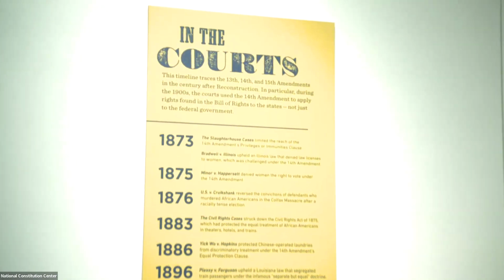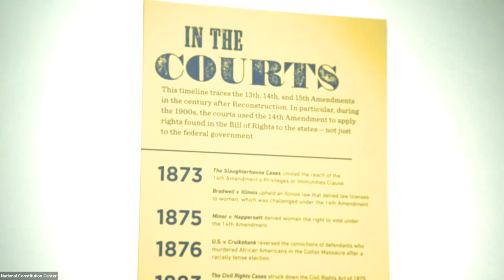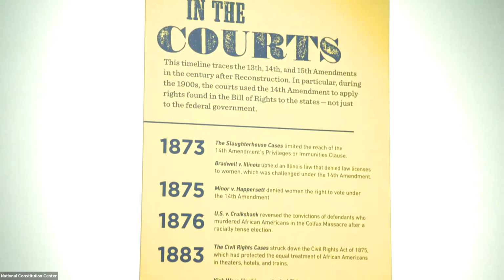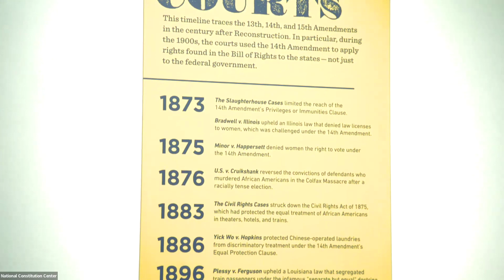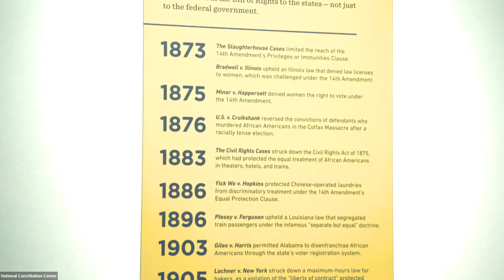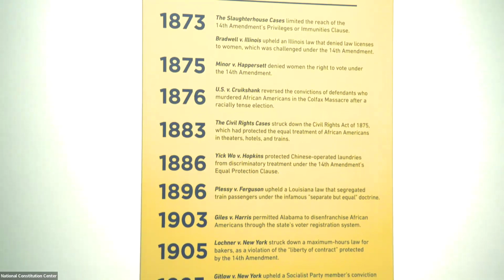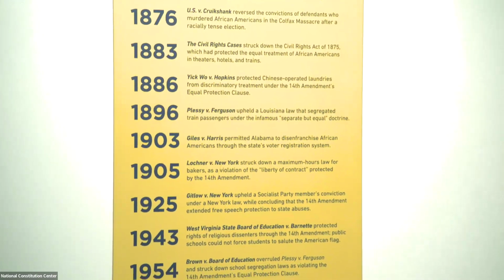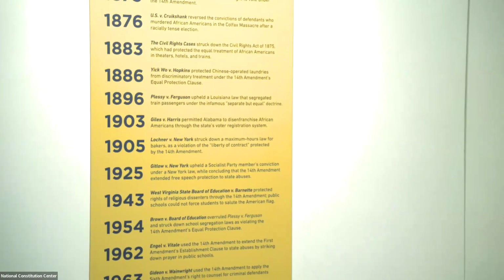Or being able to integrate certain public spaces. Or if it comes to wanting to marry who you'd like to marry, or education and things like that. So even though, like I said, this period is sort of very dark for the United States, you still have brave people that are using the Constitution to do what's right within the United States.